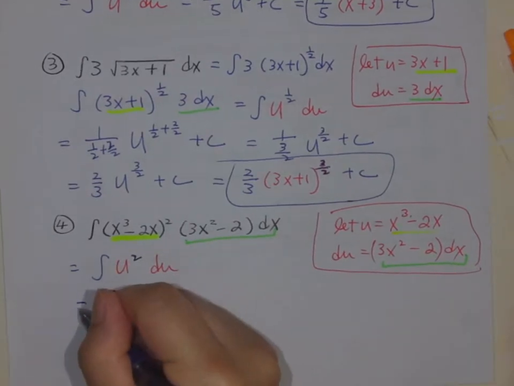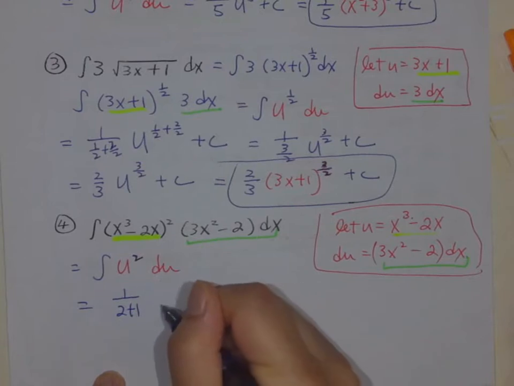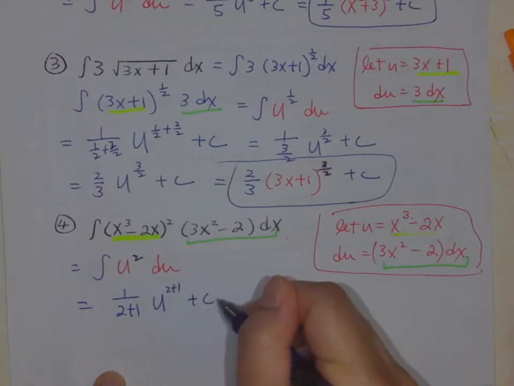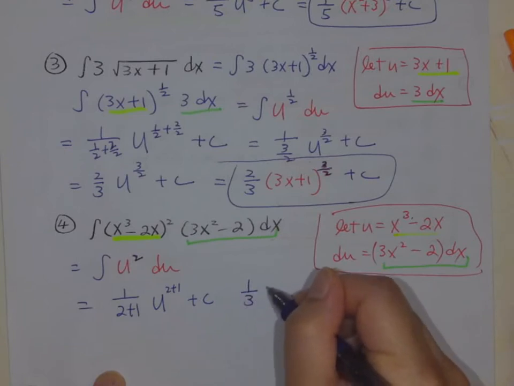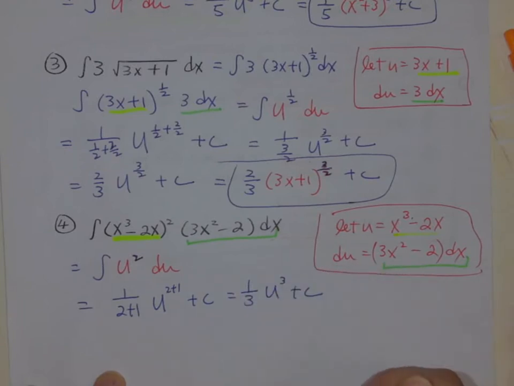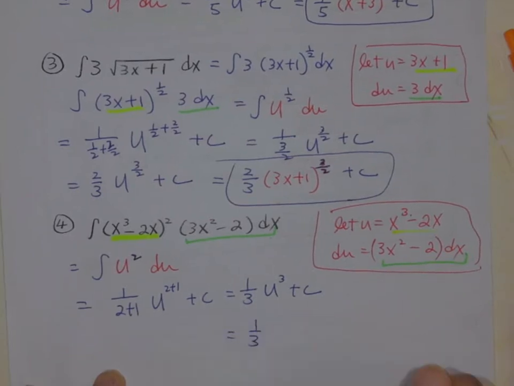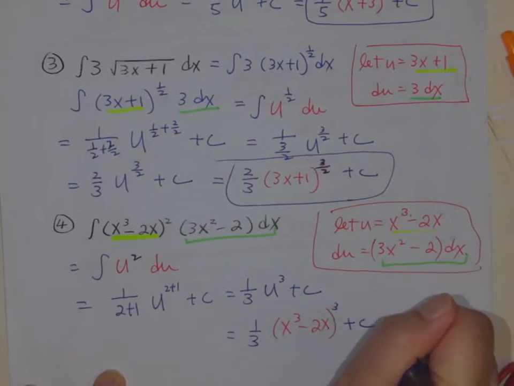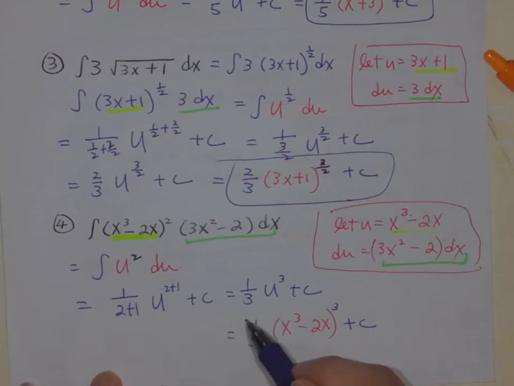It's going to be 1 over 2 plus 1, and then u to the 2 plus 1, which is 3, plus c. So 1/3 u to the third power plus c. At that point, you can plug the u back in, which is x cubed minus 2x raised to the third power plus c, right? Alright, so that's it.